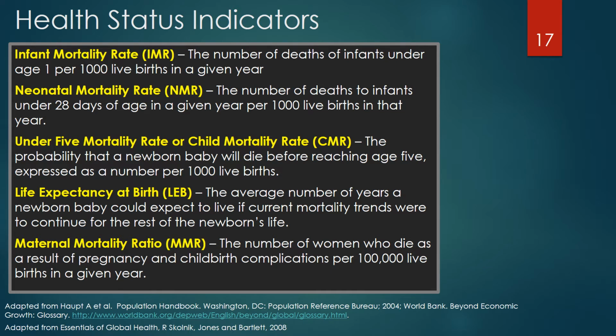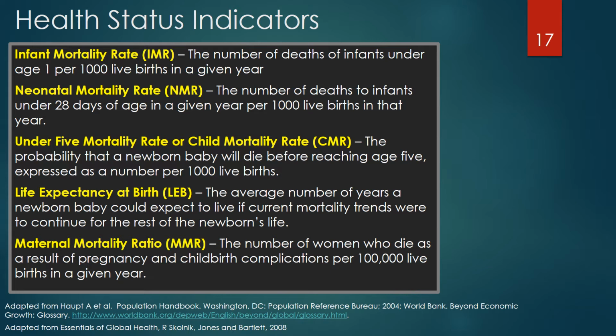The under 5 mortality rate or child mortality rate, CMR, the probability that a newborn baby will die before reaching age 5 expressed as a number per 1,000 live births.